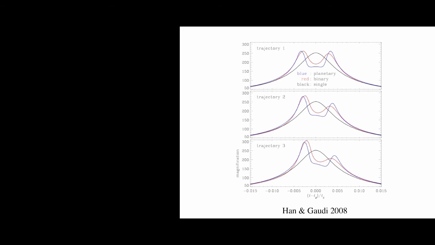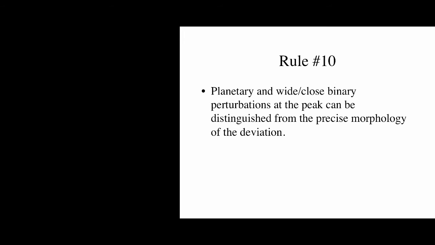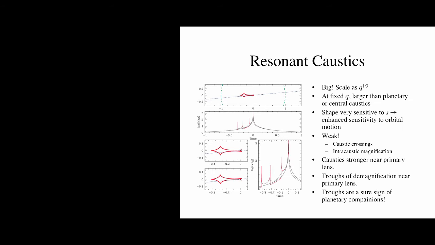So if you have relatively poorly sampled or poor accuracy data, you can confuse a binary lens or a planetary back-end central caustic deviation with each other, although you can see the degeneracy is not exact. Planetary and wide or close binary perturbations at the peak can be distinguished by the precise morphology of the deviation. All right, finally, resonant caustics are fascinating for lots of reasons.